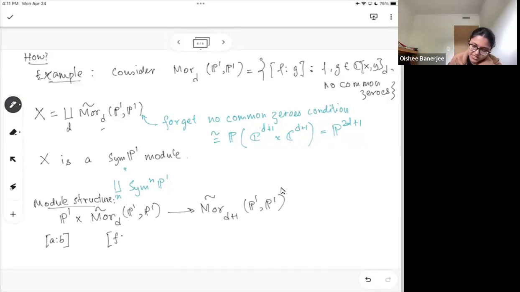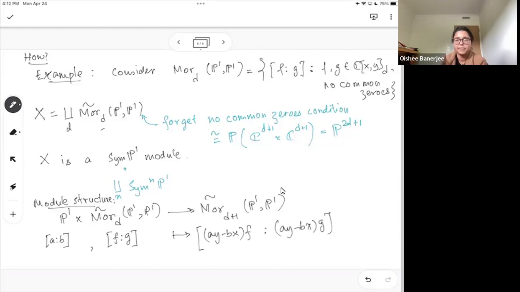And you have a pair of degree d homogeneous polynomials, which may or may not have common zeros, you don't care anymore. And you map them to (ay minus bx) times f and (ay minus bx) times g. And you can define this map for any d, and you can define this map for Sym^n P1 for any n whatsoever, right? You just multiply these factors.